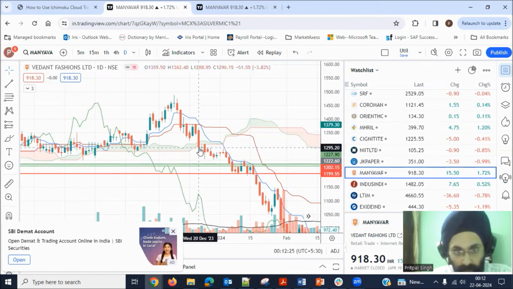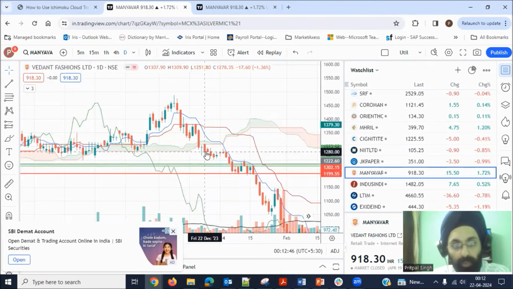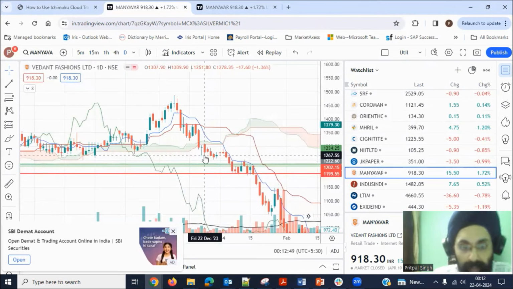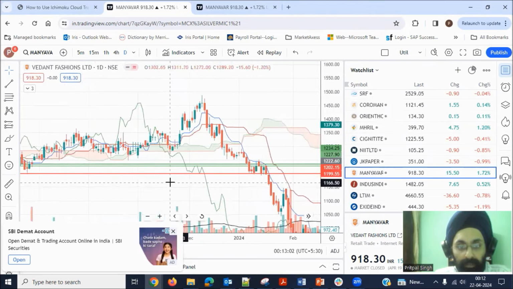Price closes below the cloud and some retracement happens to the upper side, and the lower boundary of the cloud acted as a resistance on the 22nd of December 2023, and it rejected. It closed here. So this can be considered a confirmation candle, and after that one can enter on the next day's opening, which is somewhere here, and place targets.